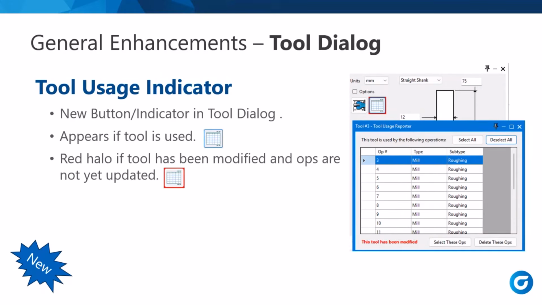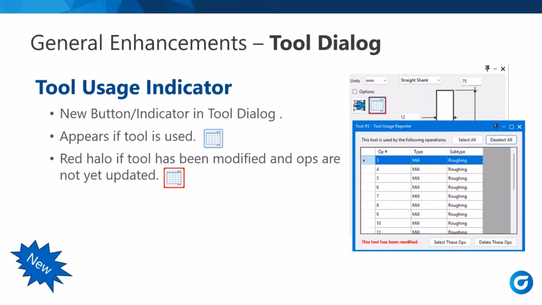If you've modified the tool since you've done a redo, you haven't updated the ops, then it's going to put a red halo around it, and that's going to warn you that hey, you've made a change to this tool. Now maybe it was just a shaft length or something, and maybe it doesn't really affect the toolpath that's created in that op. So maybe it's not a big deal as far as you having to redo that. But we don't know, so we want you to make that decision.